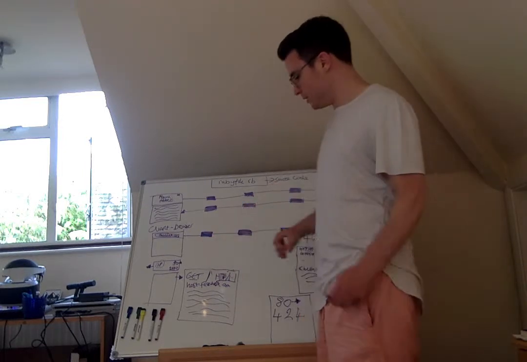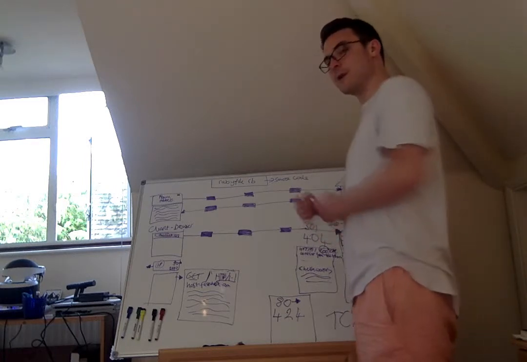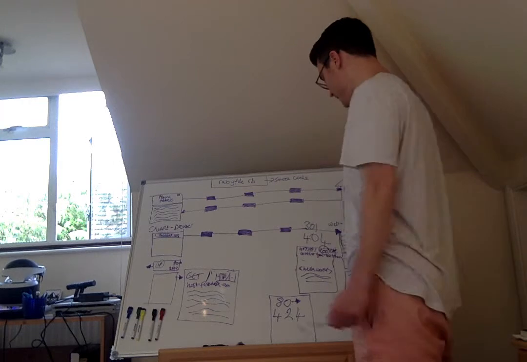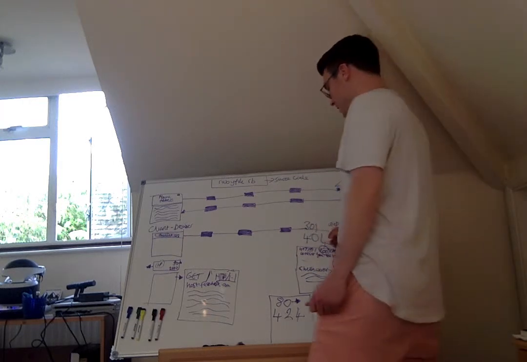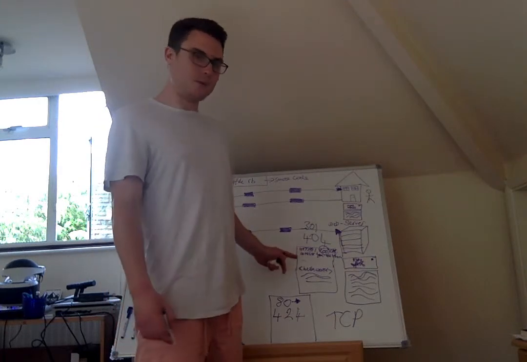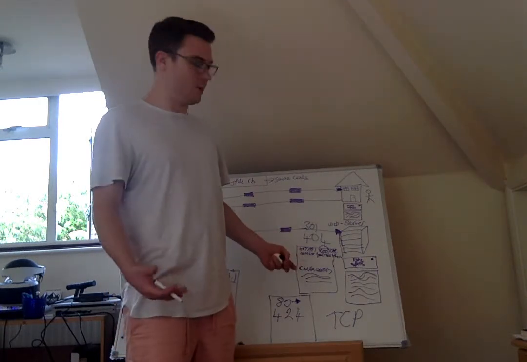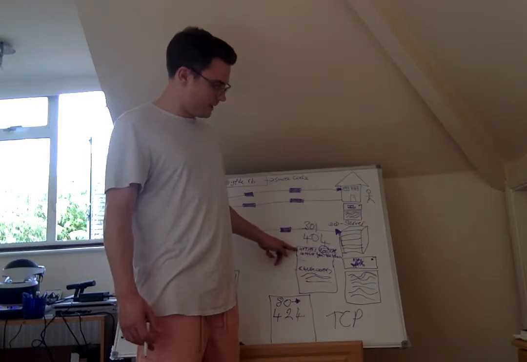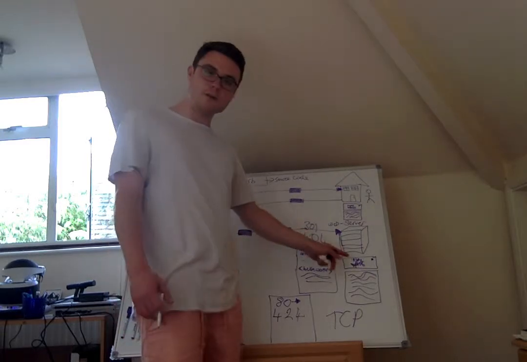So I'm going to go and get that information. I'm going to go to the chef, I'm going to get the information, I'm going to return it to them. In order for me to return it to them, I'm going to send them in this envelope, or an HTTP header, which is the actual terminology, and I'm going to tell them where I'm sending it to, the IP address of this computer.